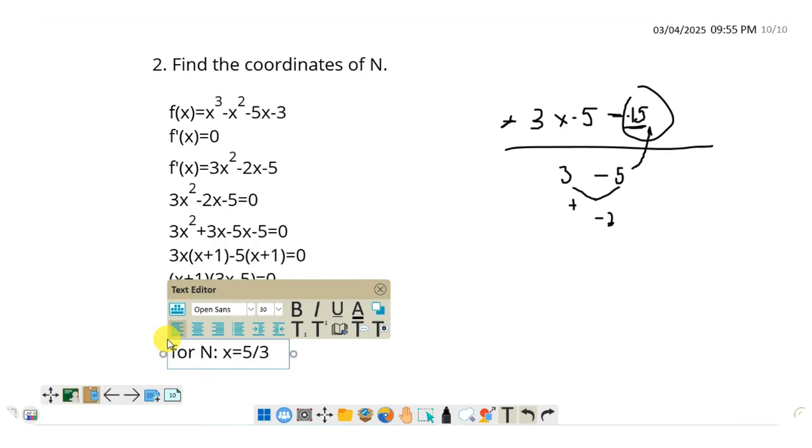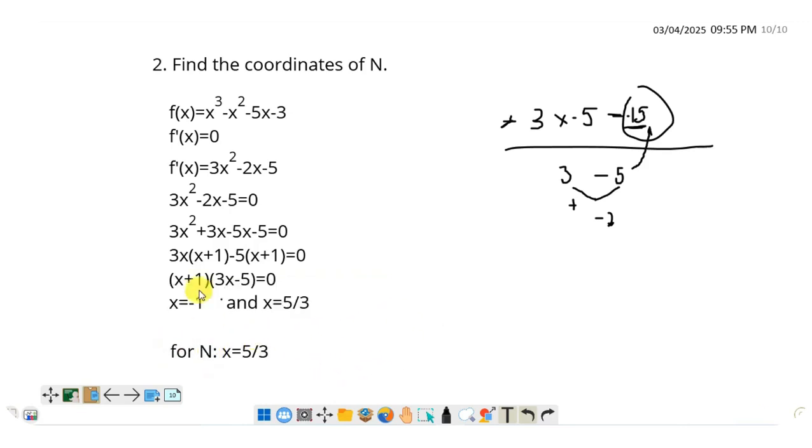Now I have the x value. I take the x value and go to the original equation, f of x. Where x is 5 over 3, substitute here to find the y value. If you substitute x as 5 over 3, what do you get?